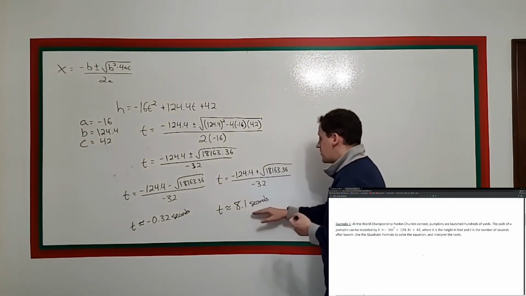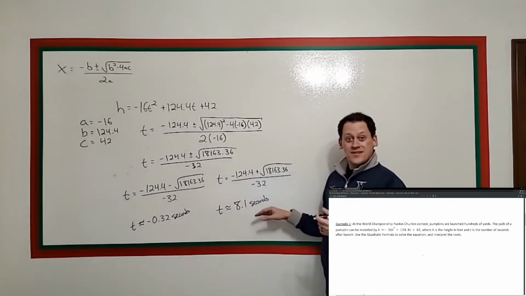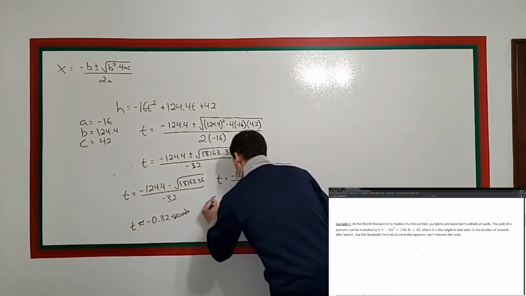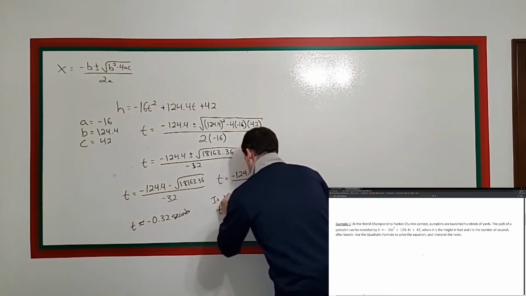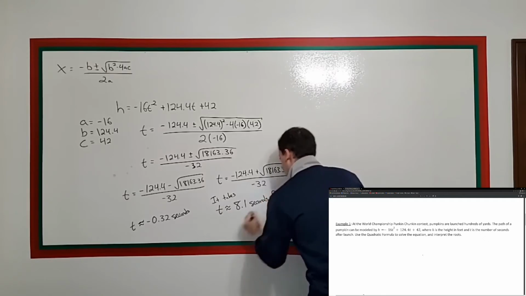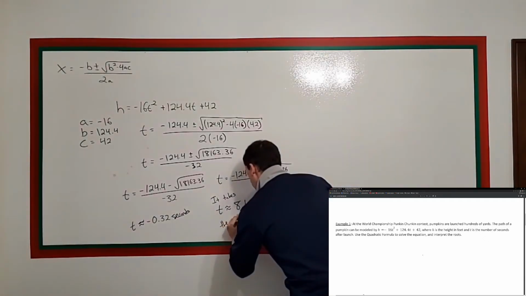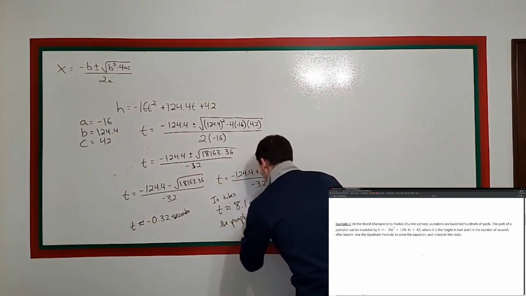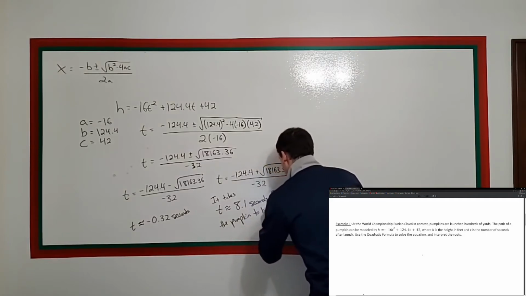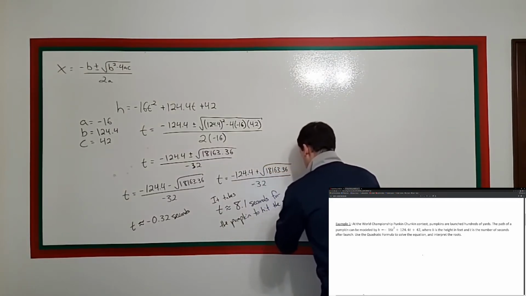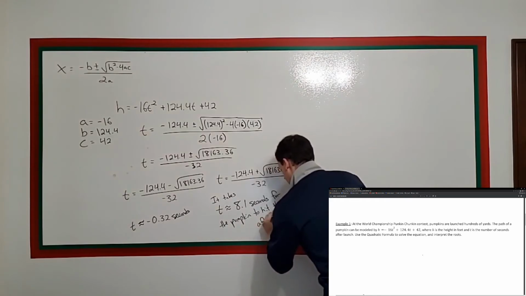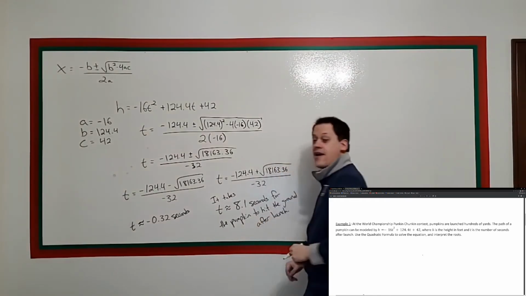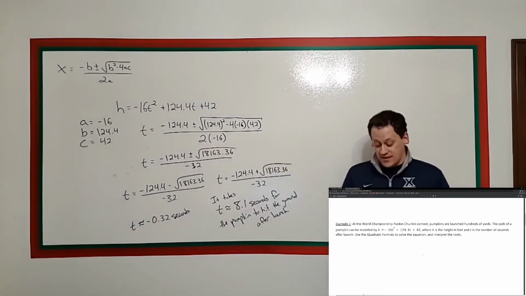So what this represents is it takes 8.1 seconds for the pumpkin to hit the ground after launch. That's a long time.